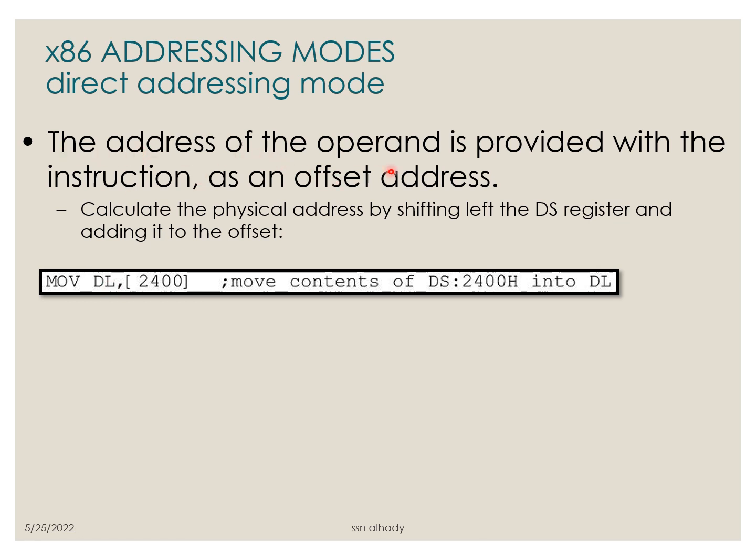The address of the operand is provided with the instruction as an offset address, only the offset address. Calculate the physical address by shifting left the DS register and adding it with the offset.